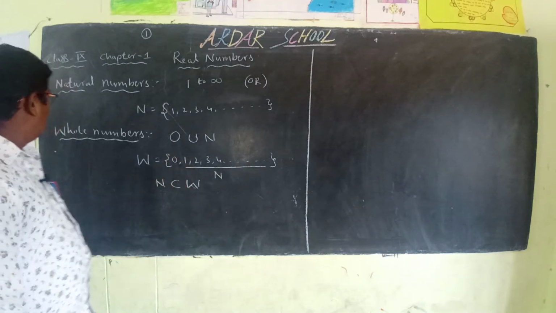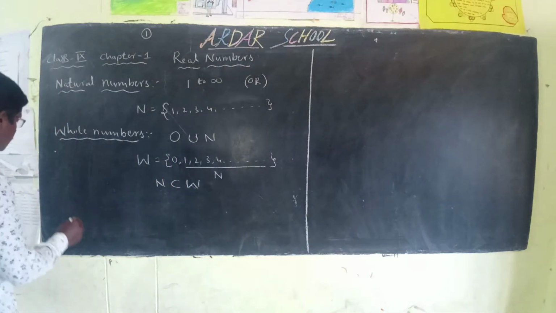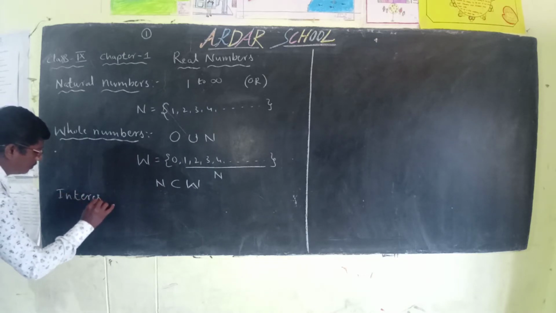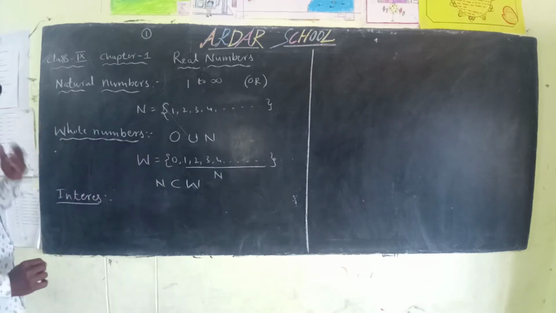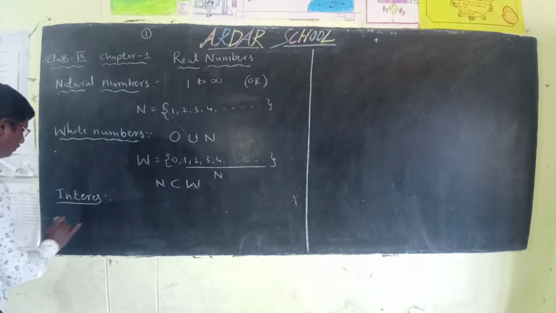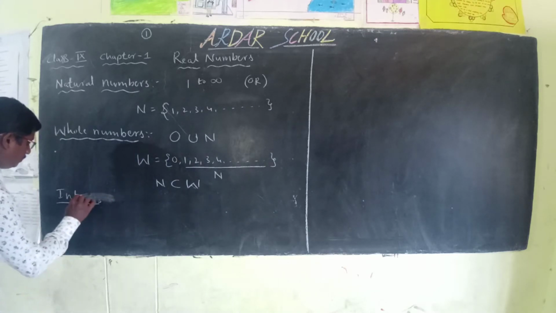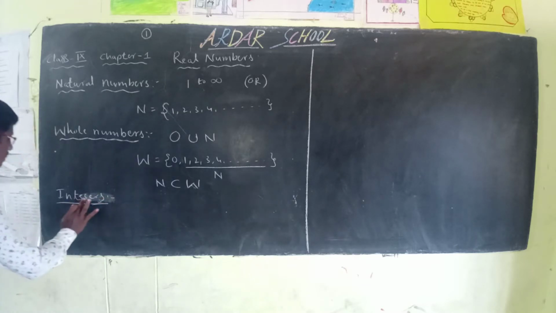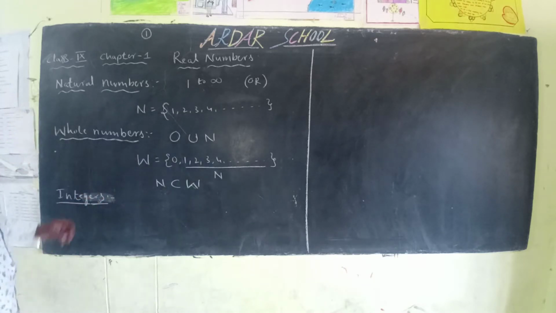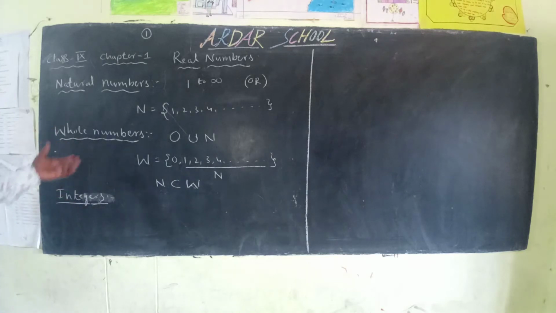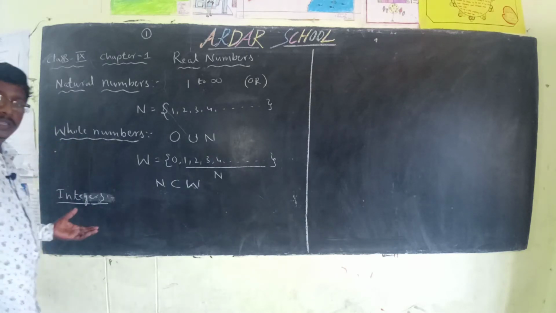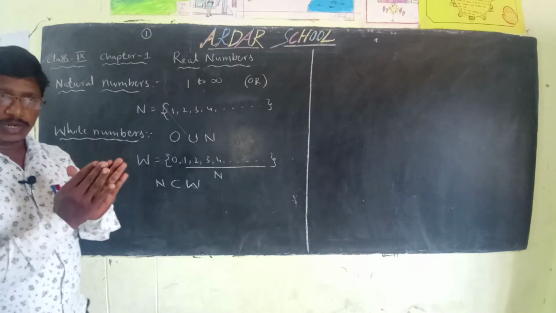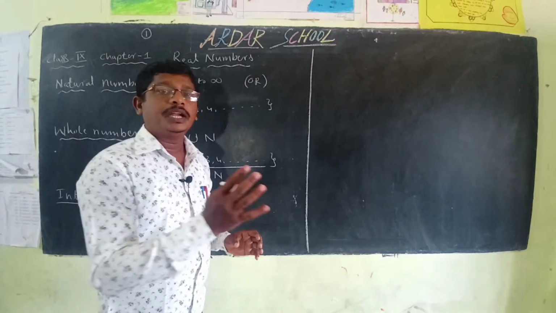Okay. Next, integers. The definition of integers is the combination of negative numbers and positive numbers, including 0.